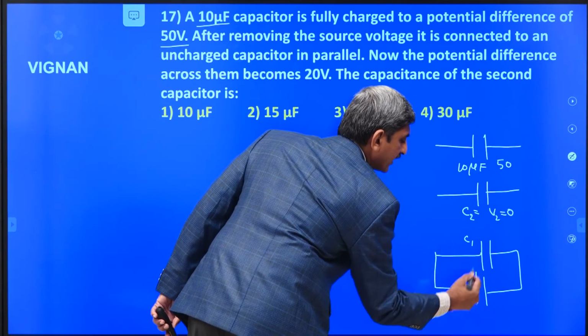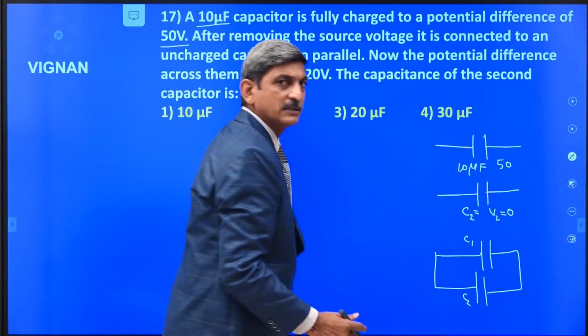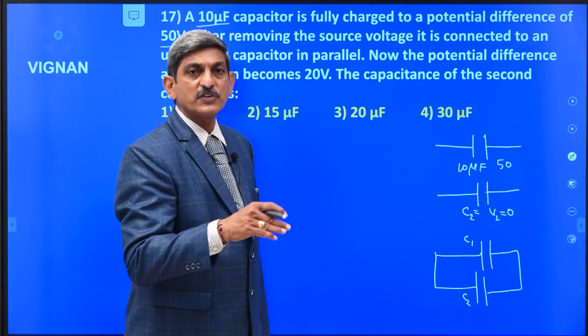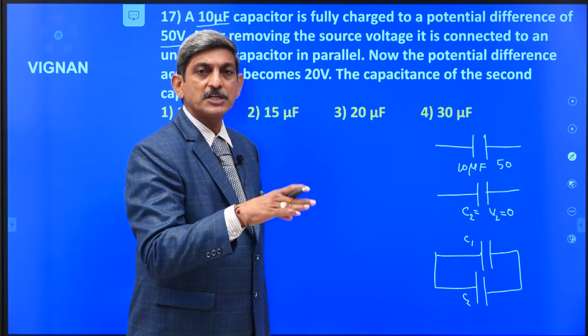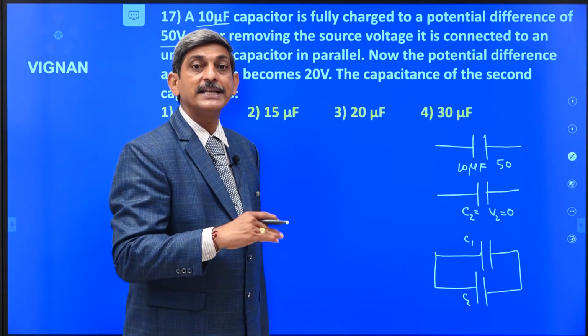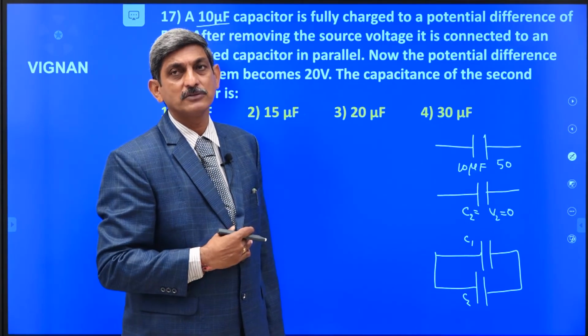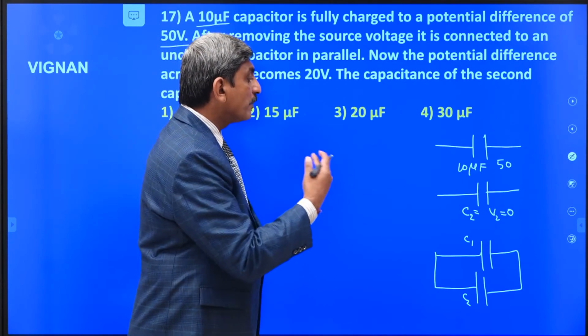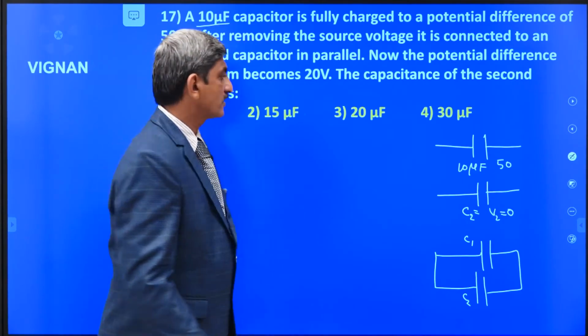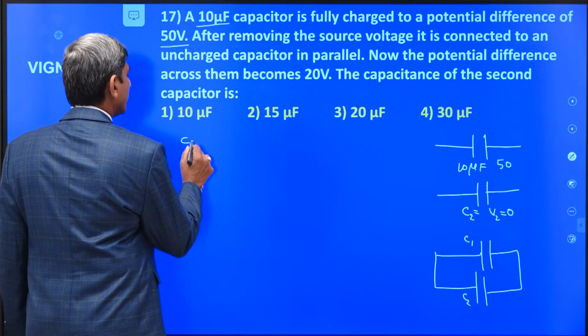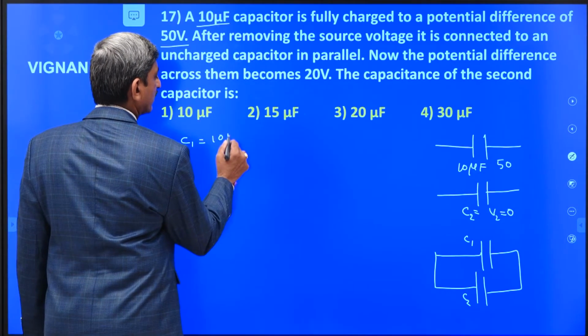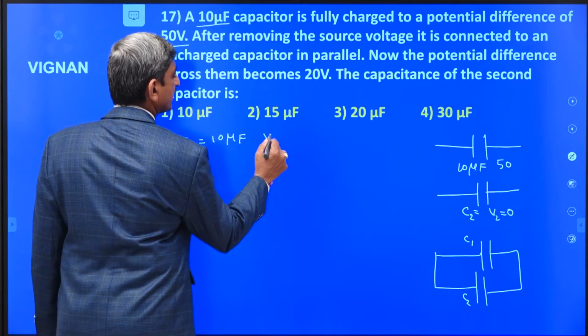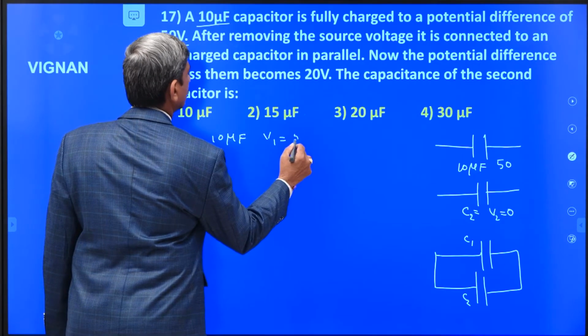When these two are connected in parallel like this, what happens? The charge flows from the higher potential capacitor to the lower potential capacitor until they attain a common potential value. The common potential of the combination is also given. So here, what is given? C1 is given, that is equal to 10 microfarads, and the voltage across it is given, V1 is equal to 50 volts.